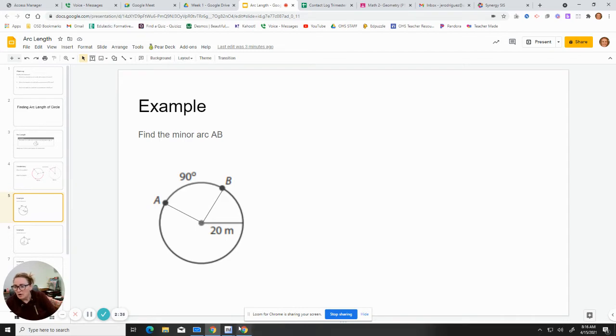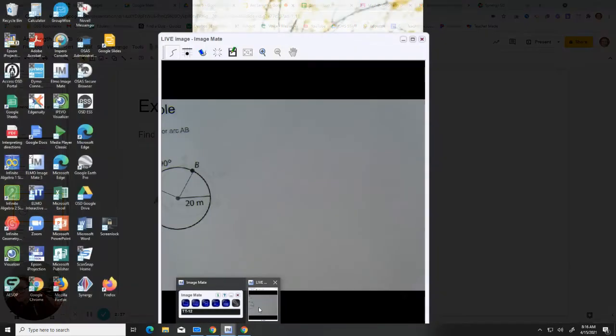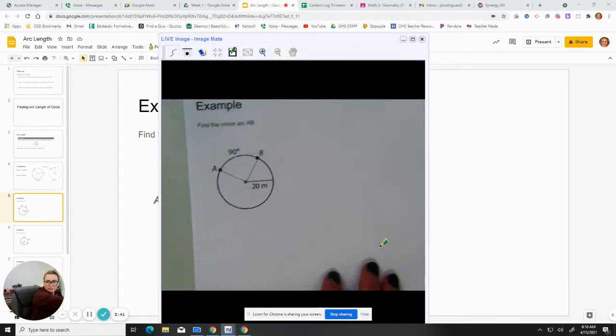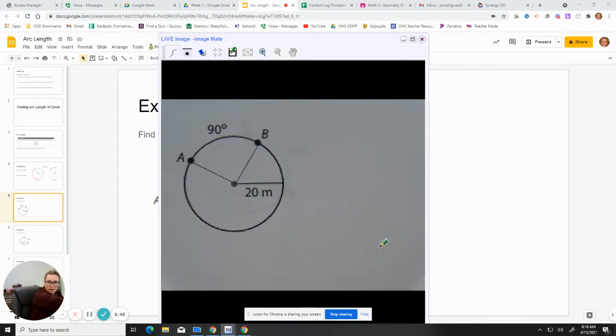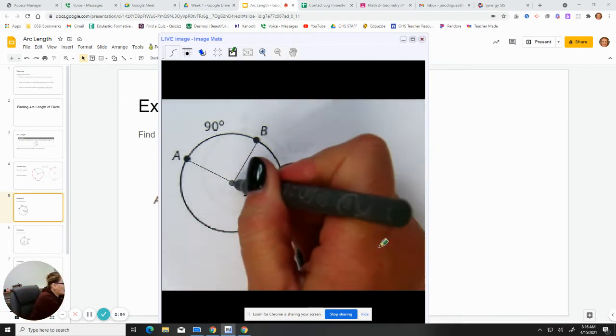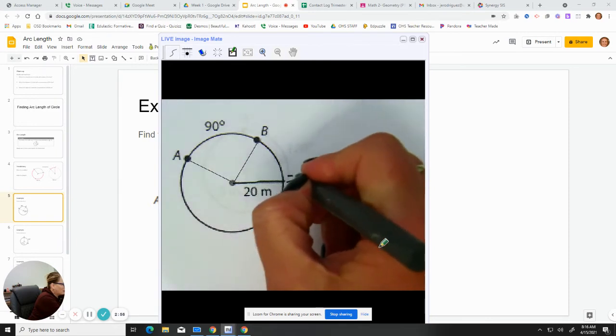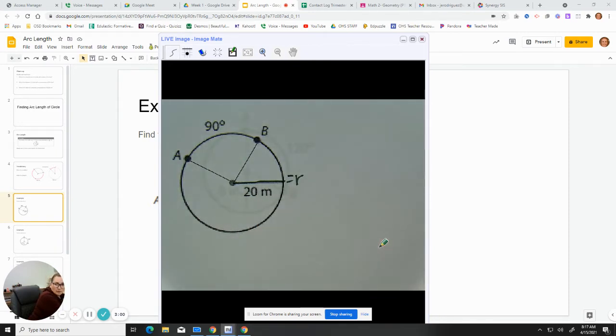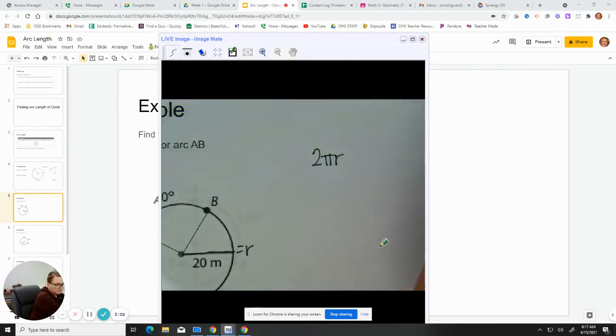Okay. So let me pull up, I'm going to zoom in just a little bit. The first thing you should notice is, do we have a diameter or do we have a radius, so that we can tell which one of our formulas we're going to use? So we do know that we have a radius. Remember, a radius is halfway across the circle. So that means we are going to use this formula, 2 pi r, okay?